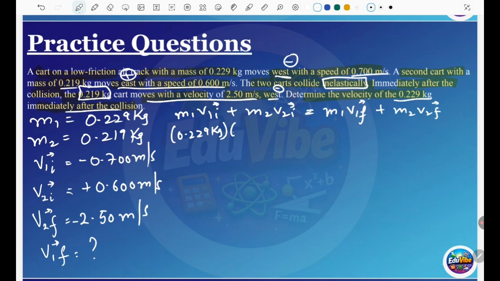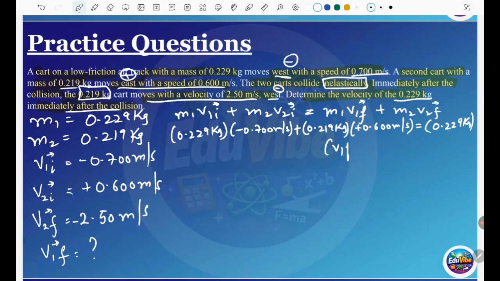For V1I, you have minus 0.700 meter per second, plus M2 is 0.219 kg, V2I is plus 0.600 meter per second, is equal to your M1, 0.229 kg, and you have to find V1F, plus M2 is 0.219 kg. And last, your V2F is 2.50 meter per second, which is negative.